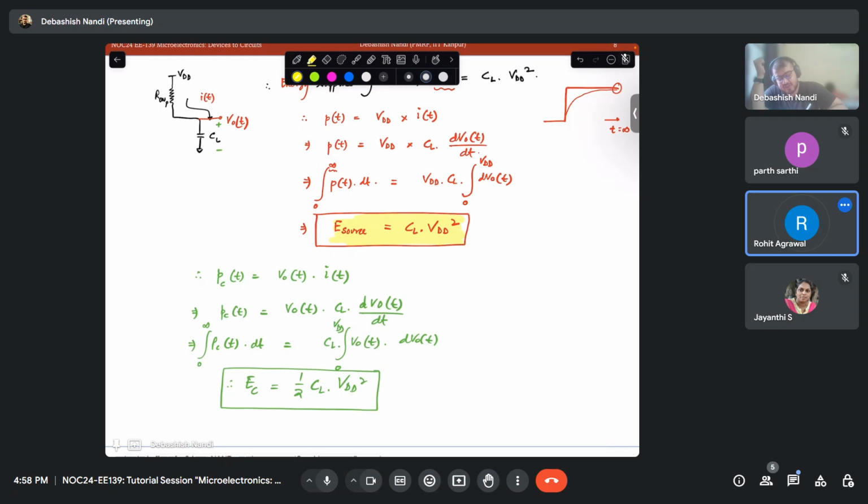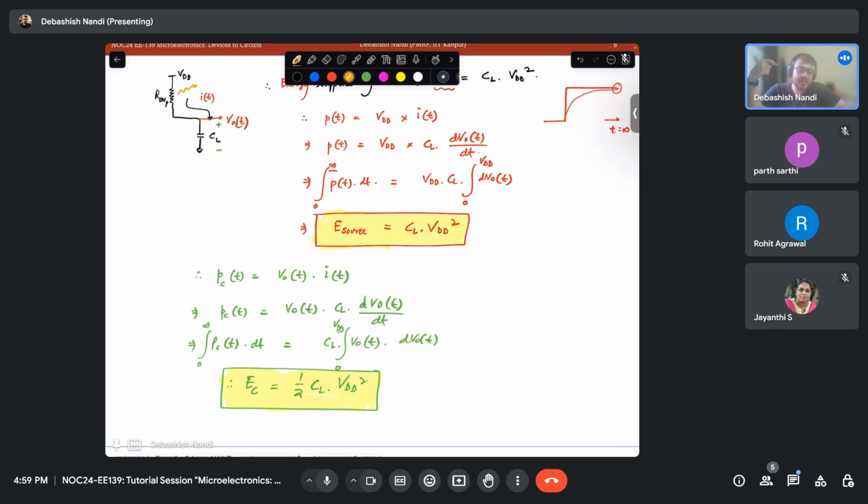In the same time duration, this is the supplied energy and this is the stored energy. Where should the other energy go? Will it flow to the ground terminal? No, it just gets dissipated as heat through this resistor.